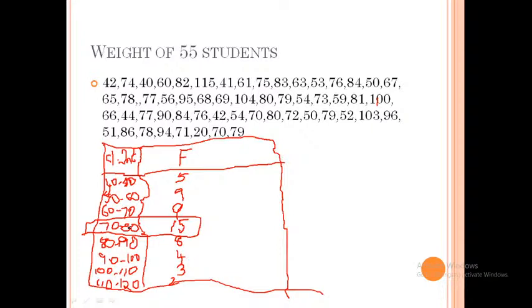Now, we have written the equation: we calculate mode by using M is equal to L1 plus (Fm minus F1) divided by (2Fm minus F1 minus F2), the whole multiplied by I. The first step is to find L1.